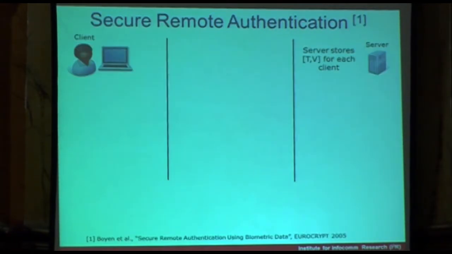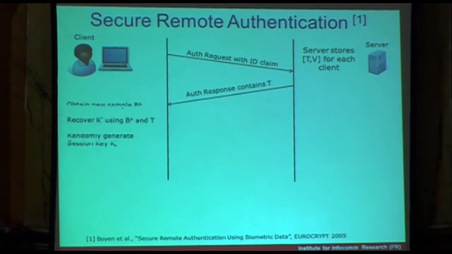Several publications have looked into building upon biometric crypto systems to develop a secure authentication protocol. One such approach is the one proposed by Bowen et al. Here, the sketch is stored in the server for each client. Whenever there is an authentication request, the sketch is sent back to the client, who uses a new biometric sample in order to recover the embedded key.